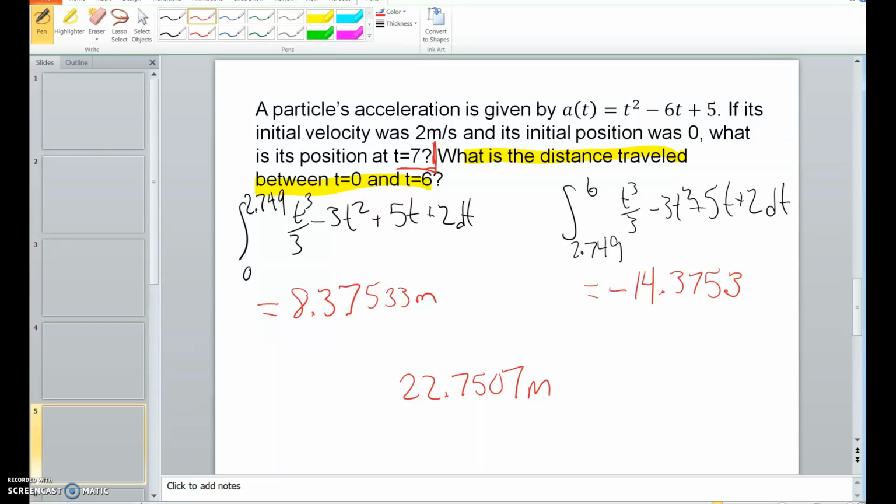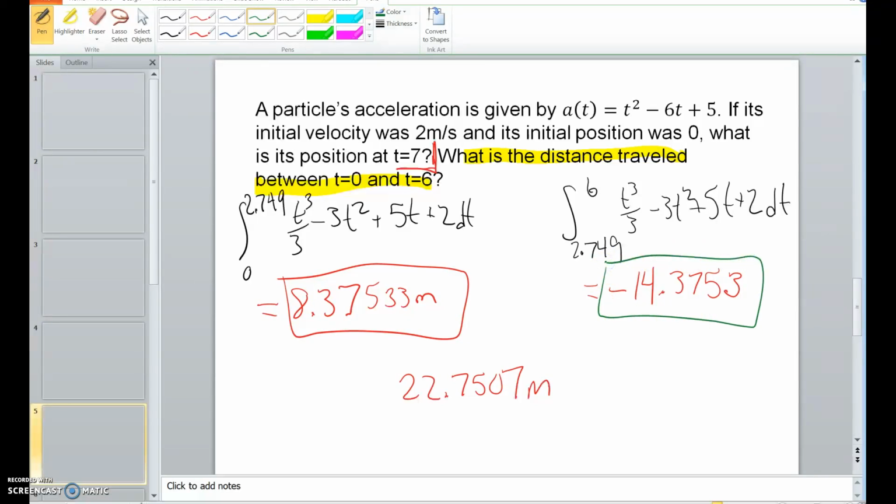Okay, so from the first integral, from t equals 0 to t equals 2.749, the particle traveled 8.375 meters to the right. And then for the other integral, going from 2.749 seconds to 6 seconds, the particle traveled 14.3753 meters to the left.